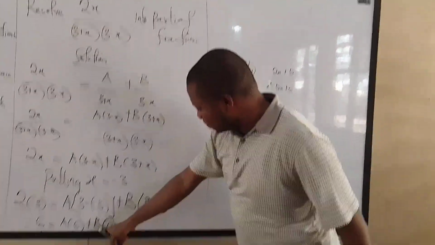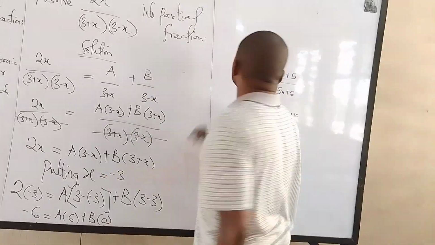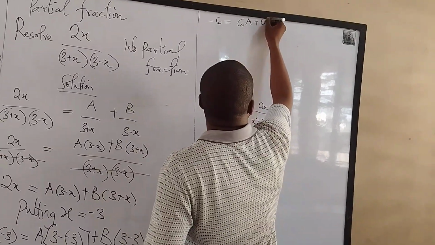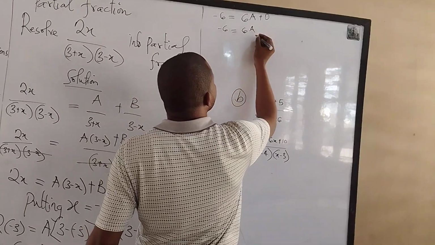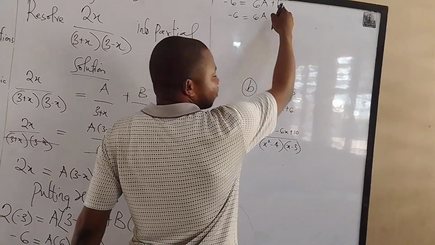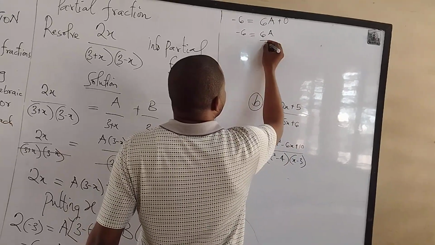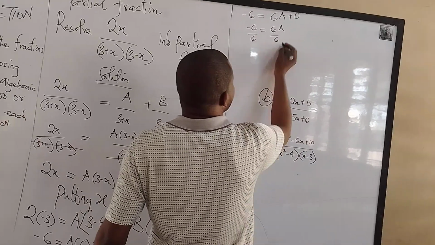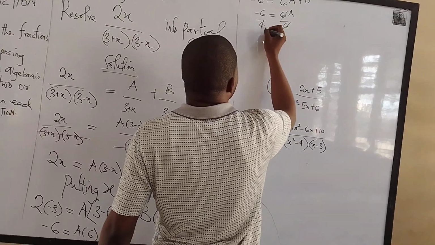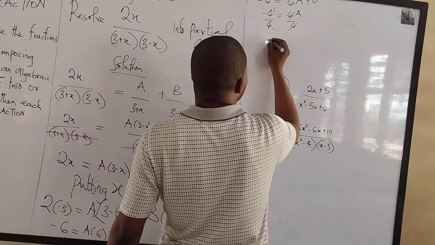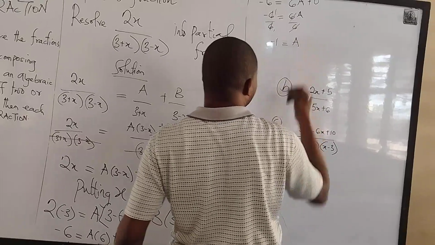So we come here, b times 0 is 0. So this one is 0. We have minus 6 is equals to 6a plus 0, which is 6a. So we divide both sides by 6. 6 going here 1, 6 going here 1. So we have minus 1 is equals to a.